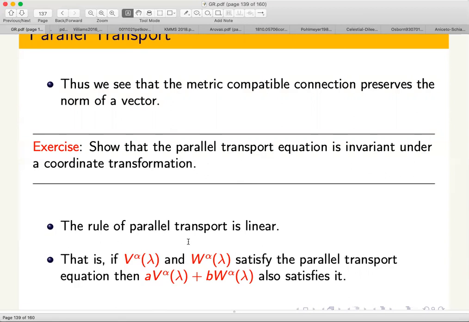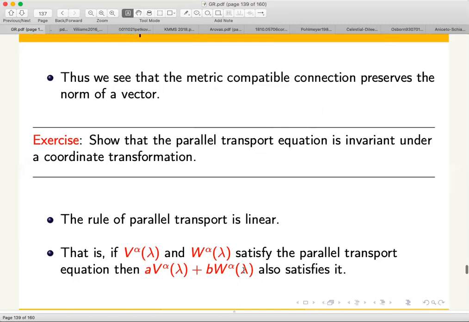Because the parallel transport is linear, if you are given two vectors, V alpha and W alpha, and if they both satisfy the parallel transport equation, then any linear combination of V and W would satisfy the parallel transport equation. That is typically what happens if you have linear equations. Is it okay?